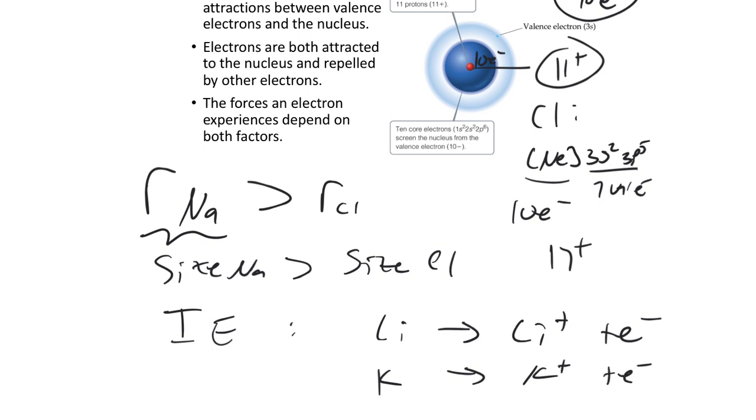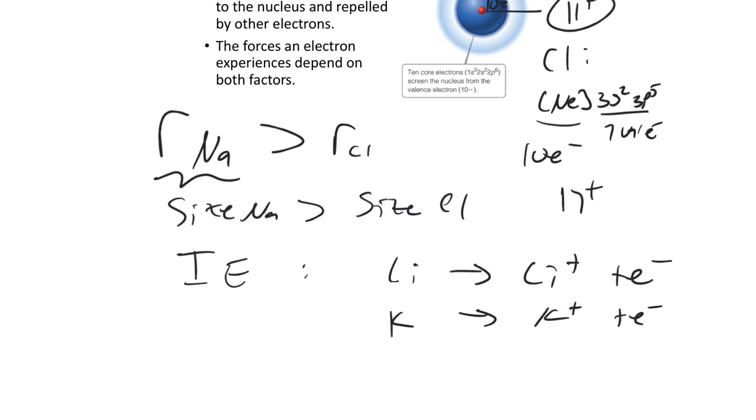The ionization energy is going to show a strong dependence on this effective nuclear charge trend. So you can sort of get a sense that this ionization energy of lithium is probably going to be a little bit higher, and potassium is going to be a little bit lower, because that's why potassium is reacting faster in our demonstration than lithium.